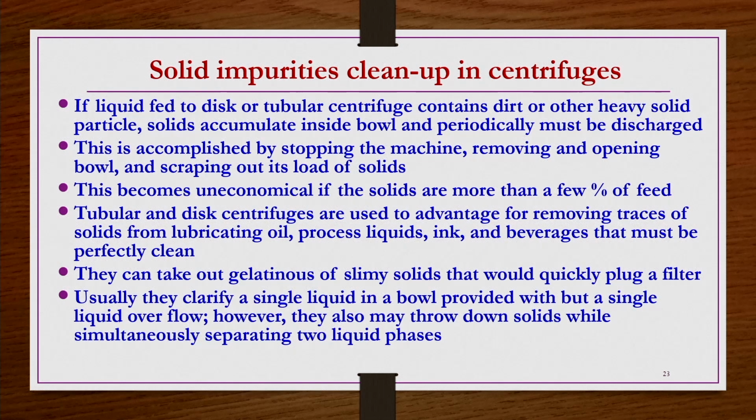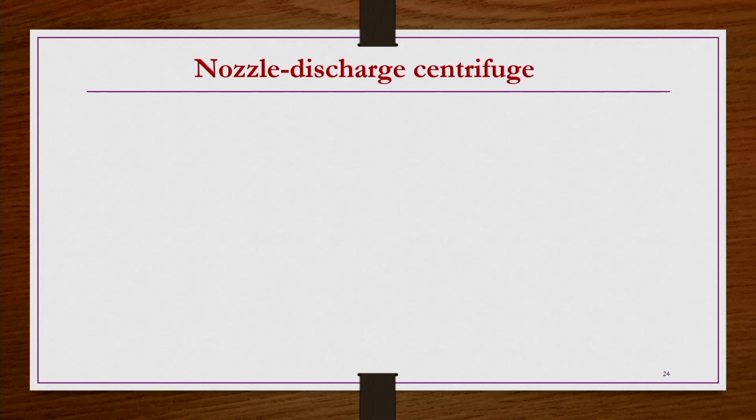Usually they clarify a single liquid in a ball provided with but a single liquid overflow. However, they also may throw down solids while simultaneously separating two liquid phases. How it is being done, that we see now. The nozzle discharge centrifuge is nothing but a modification of a disc centrifuge.